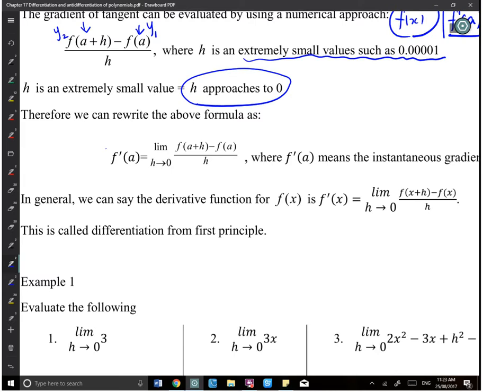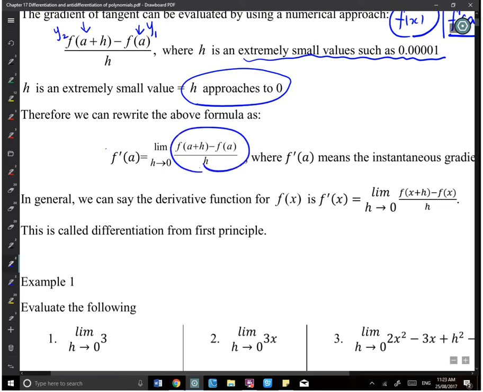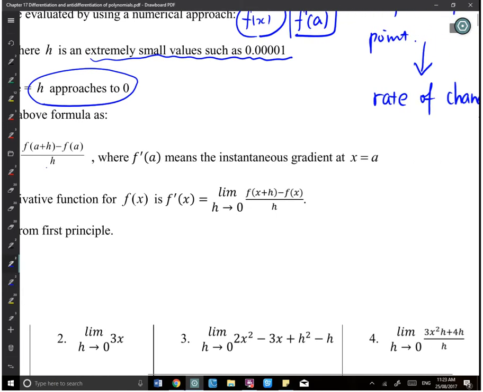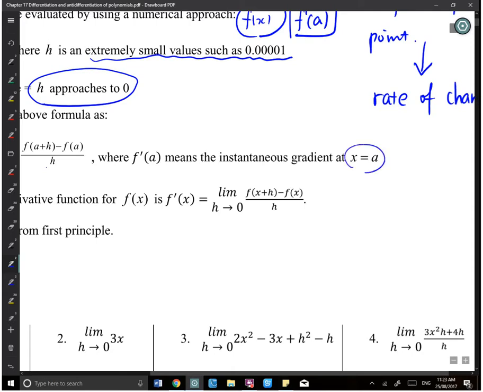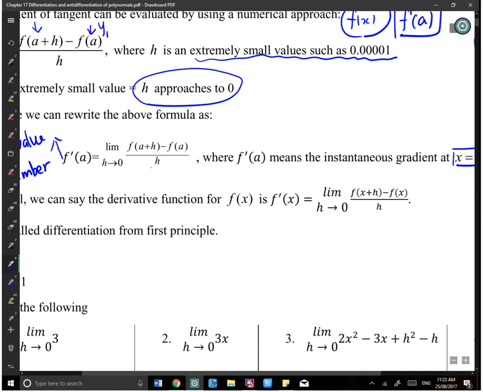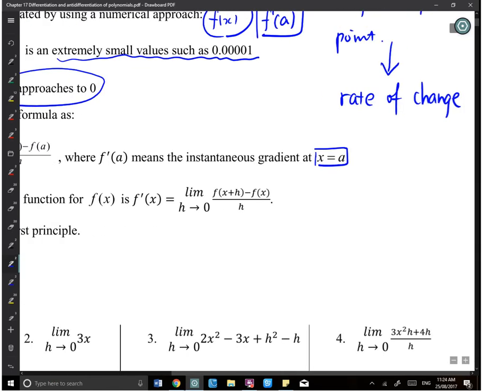That gives you the exact value of f'(a), the instantaneous gradient at x equals a. What you find here is a number, which only gives you the gradient at that particular point.